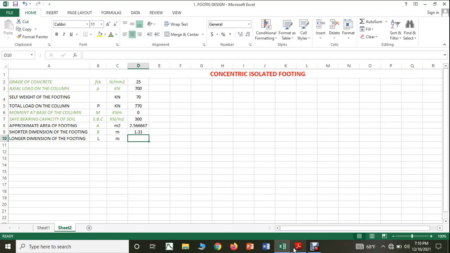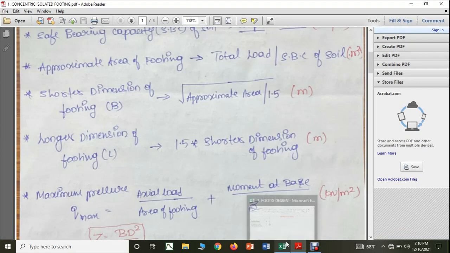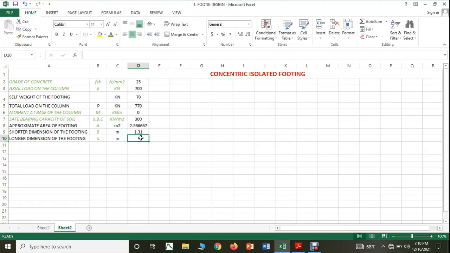So as per this, how to get the longer dimension of the footing? 1.5 times the shorter dimension. It is bracket open 1.5 into your shorter dimension is this, give enter, will give you 1.96. Now you can see that your shorter dimension is 1.31, which is a decimal value, right?